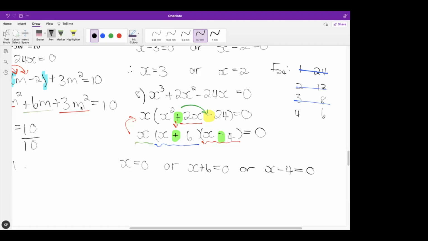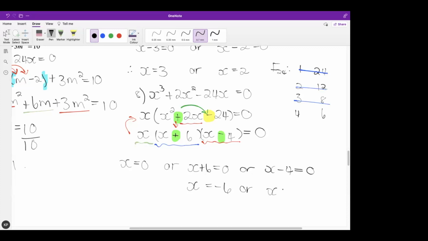Which part don't you get? Is it the trinomial or is it the solving for x using a trinomial? Just let me know in the chat. So my first solution is already done. Either x is 0 or for my second one, x is equal to negative 6.